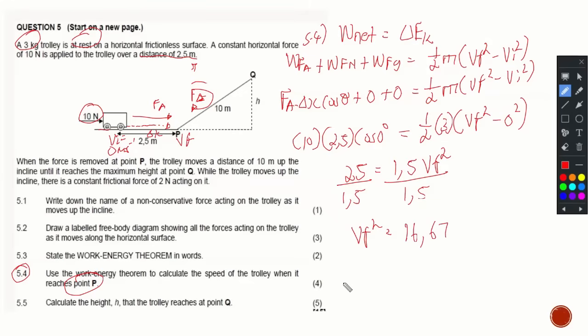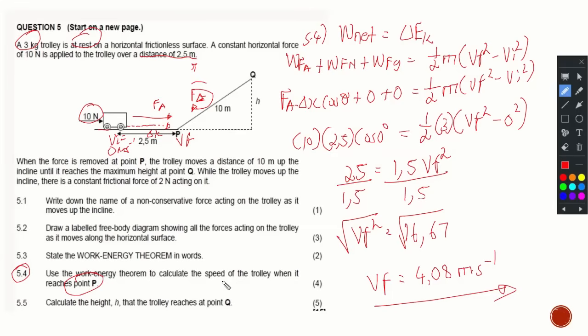Right, but then remember, we are not looking for Vf squared, we are looking for Vf. So square root both sides to get rid of that square, and then Vf becomes what? So let's quickly punch that. So we are getting 4.08 to 2 decimal places meters per second. And that's the speed, right? Okay, so basically that's how you would calculate that.